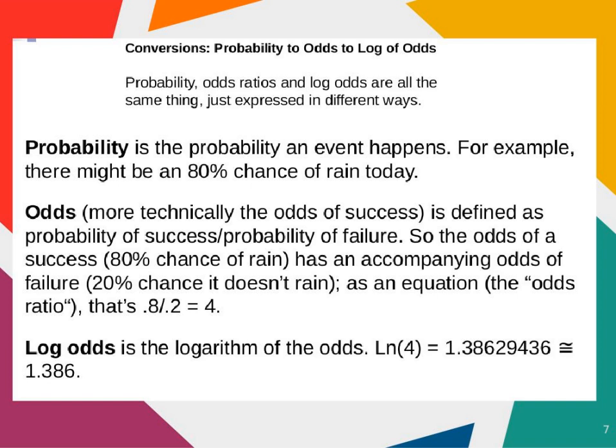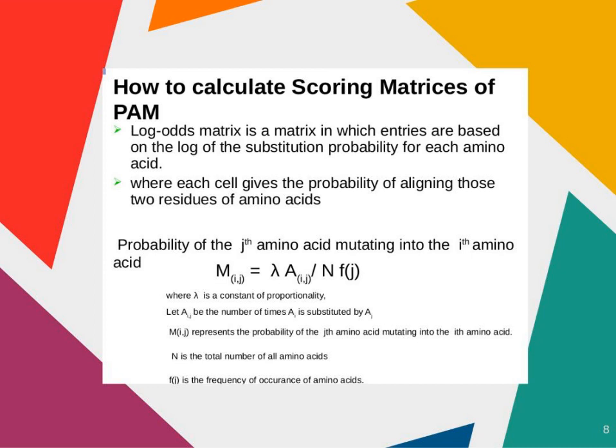Now log odds is the logarithm of odds. Now we have understood what the log of odds is, and we calculated the probability of alignment between homologous sequences. Now we are going to learn how to calculate scoring matrices of PAM.